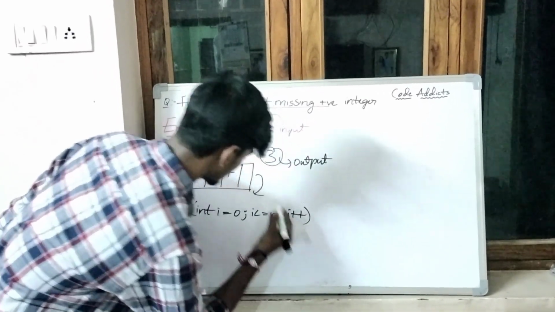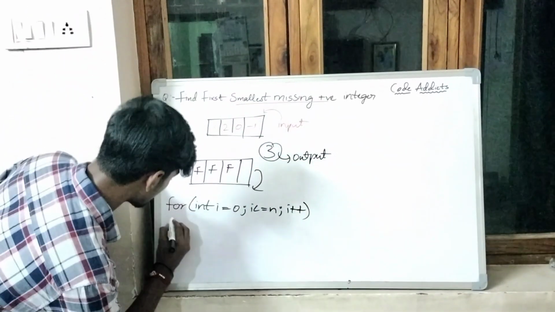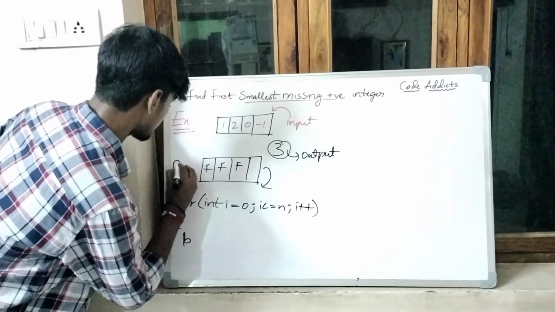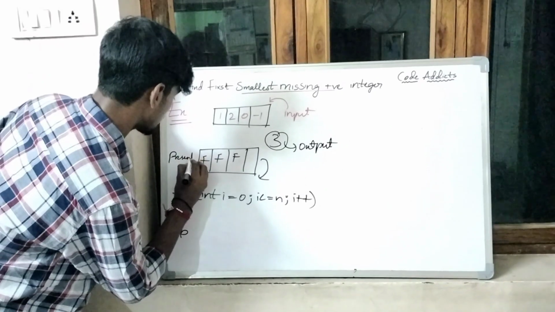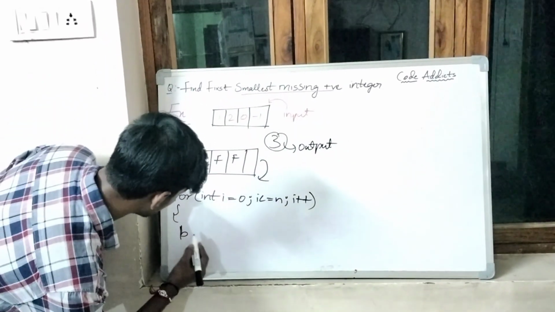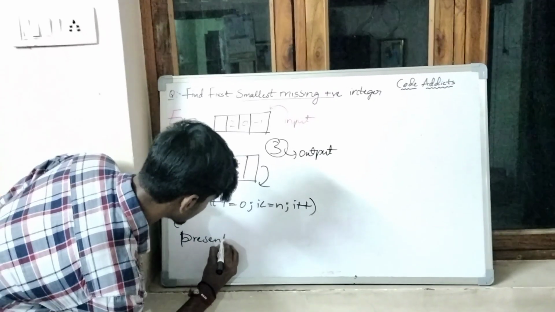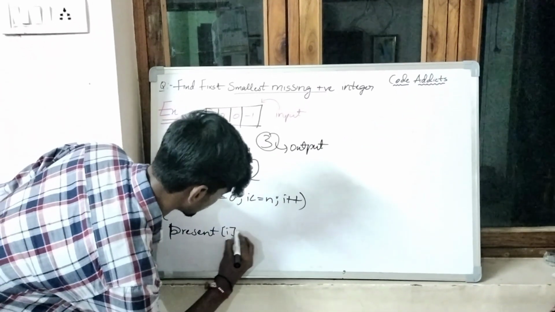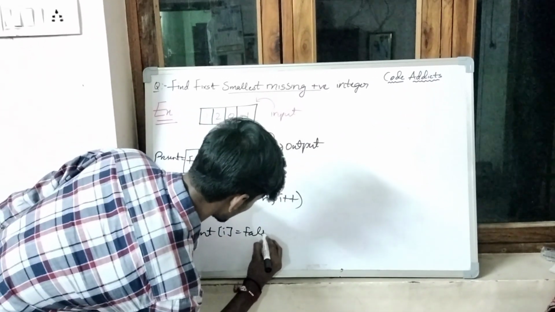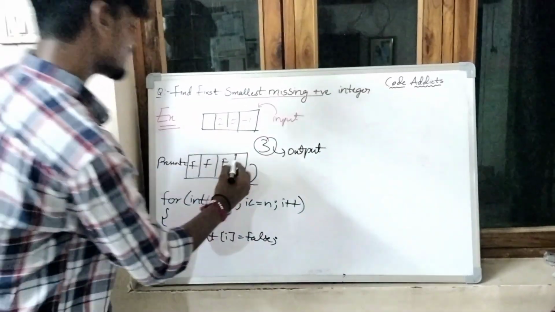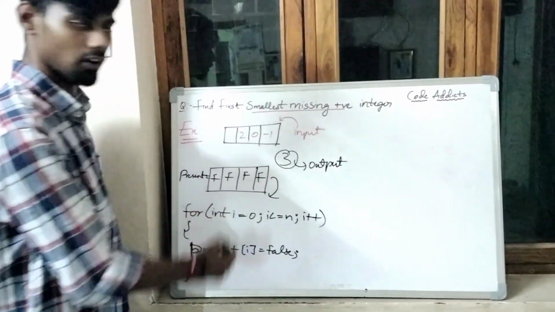This is the for loop, and I have given the array the name present. I will initialize all the elements in the array as false first of all. Now I have initialized all the elements in the array as false.